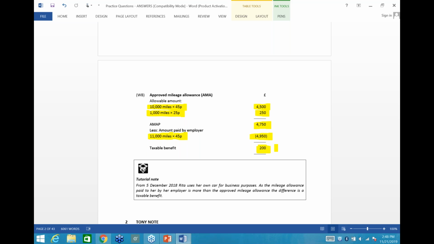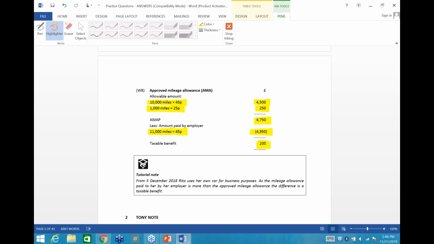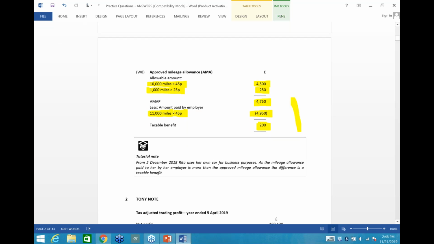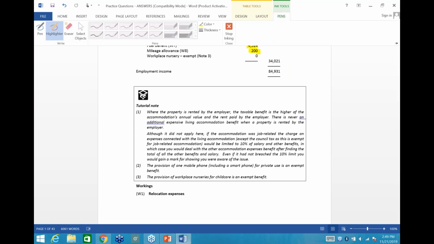Therefore, I must pay taxes on the excess 200 pounds because my employer has paid more than the approved mileage allowance. So that is also a commonly tested adjustment at the exam. So we must be familiar with these things. So you can see mileage allowance here is 200 pounds, as we have already calculated.